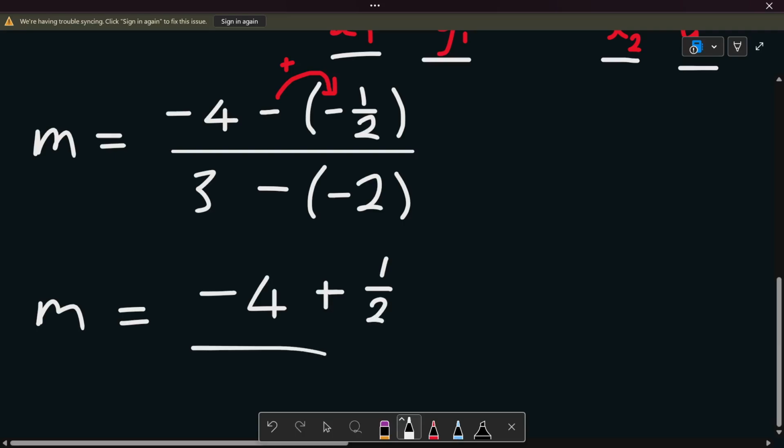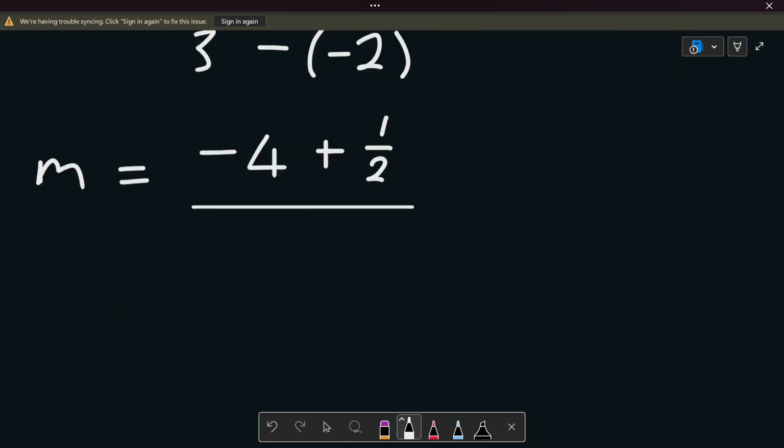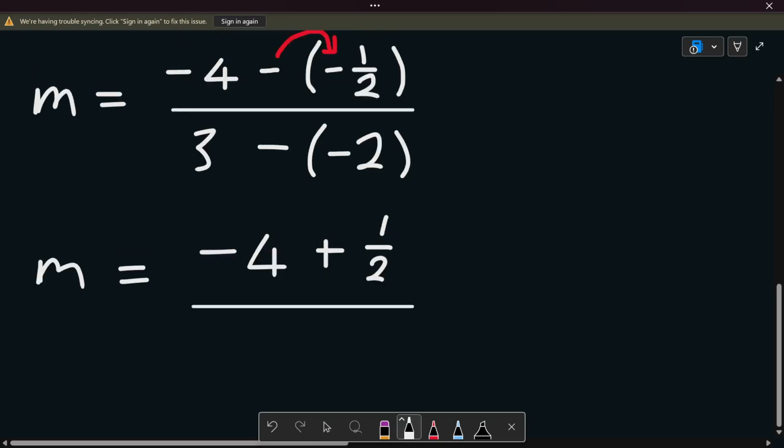Now, for the denominator, we have 3 minus -2. And 3 minus -2, where we have this negative over here, which is going to multiply into this bracket so that we can get a positive. So therefore, it will look like 3 plus 2 in this case.